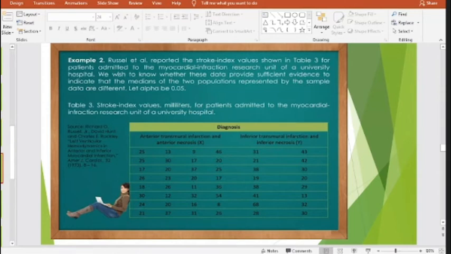So the stroke index values, in millimeters, for patients admitted to the myocardial infarction research unit of a university hospital.